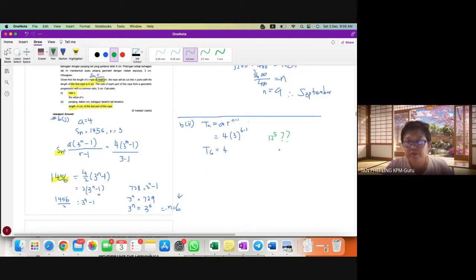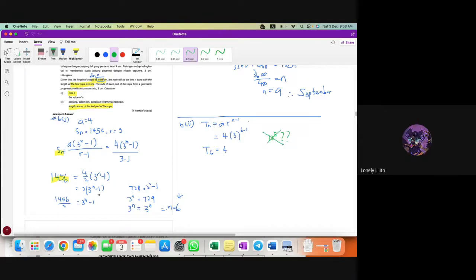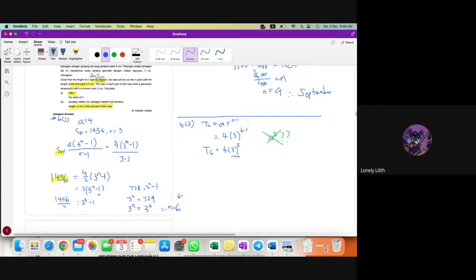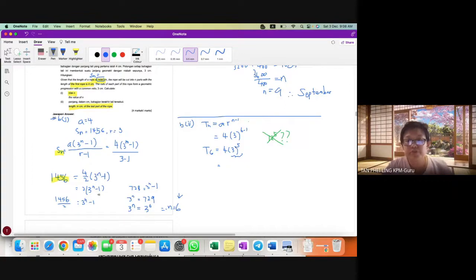Yes or no? The answer is no. You cannot simply multiply them. I know some of you will be very happy. So remember, this is 4 times 3 power 5, because the power applies only to the 3. We need to solve the power first.